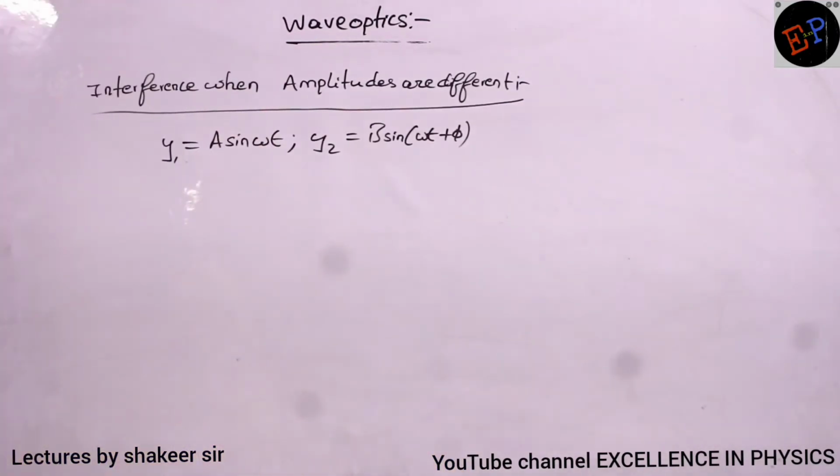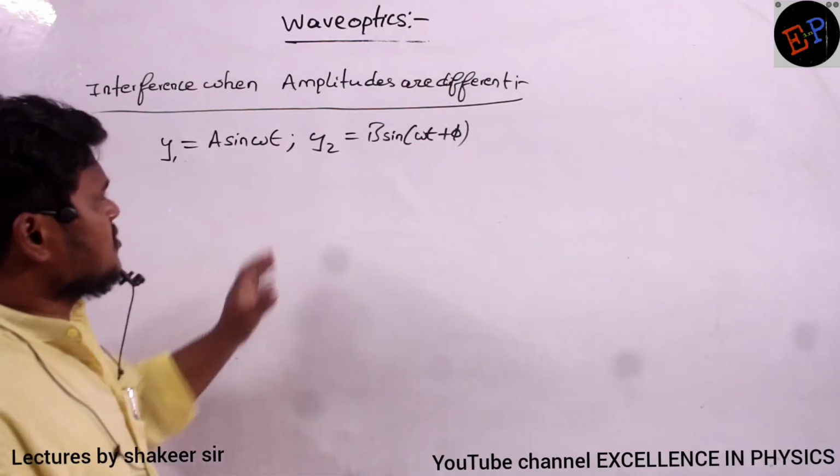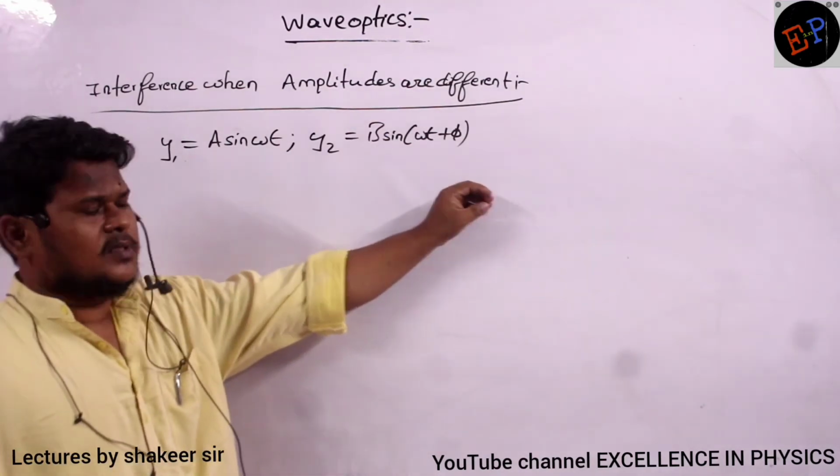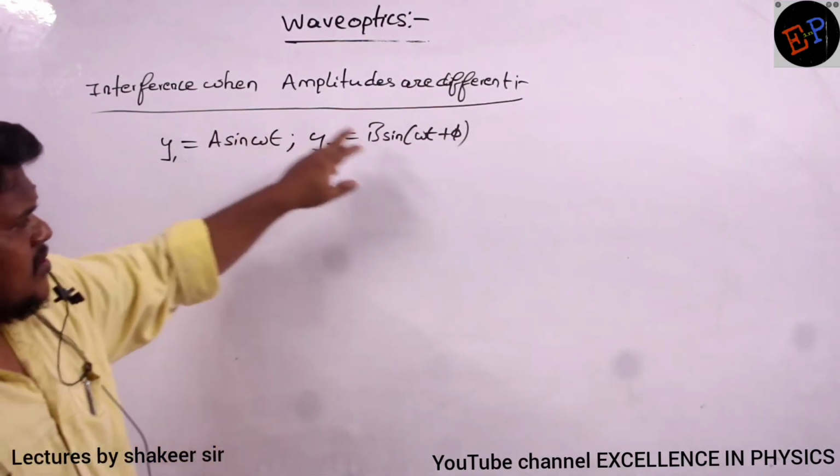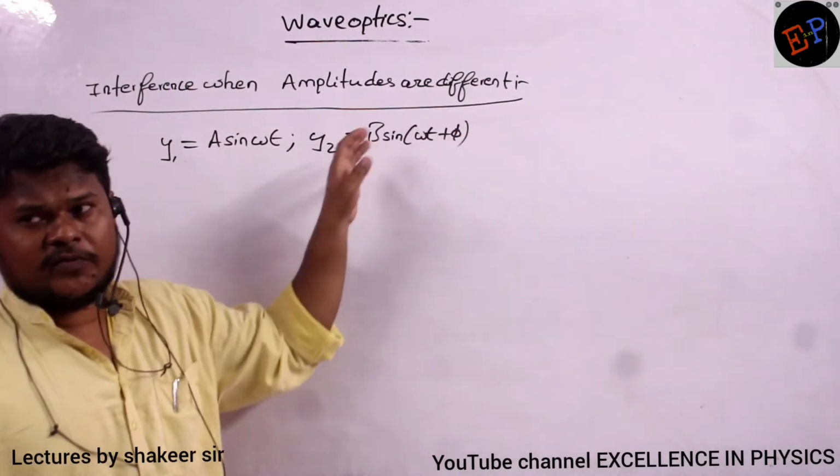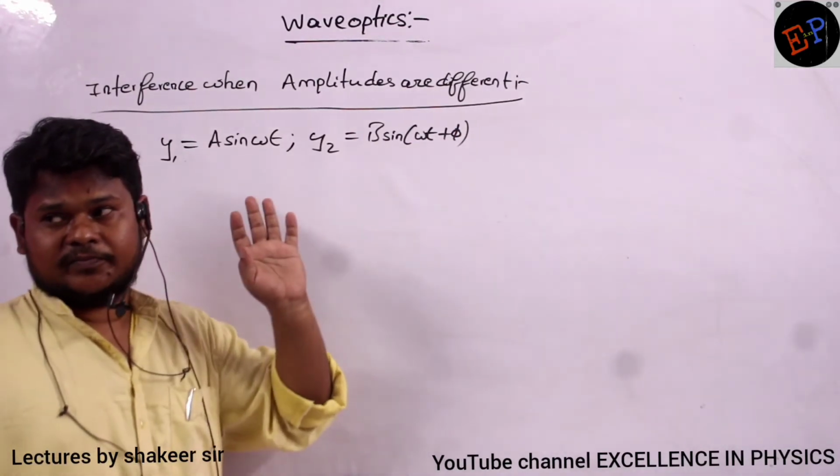Okay? So previously we studied interference when amplitudes were equal, no? A sin omega t plus pi. Now what we are taking, amplitudes are also different.